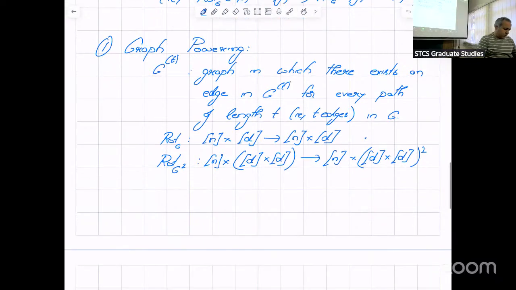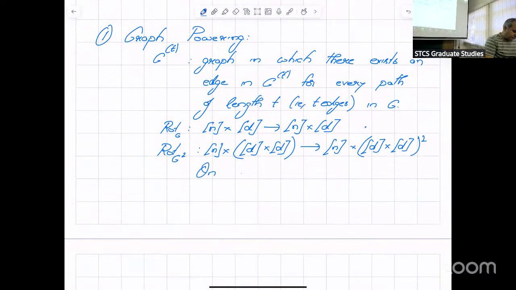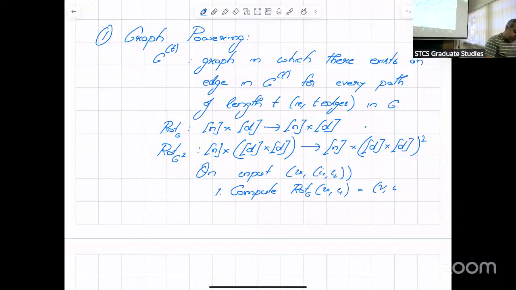More precisely, on input U comma I1, I2, we first compute rot G of (U, I1), which say is (V, J1).